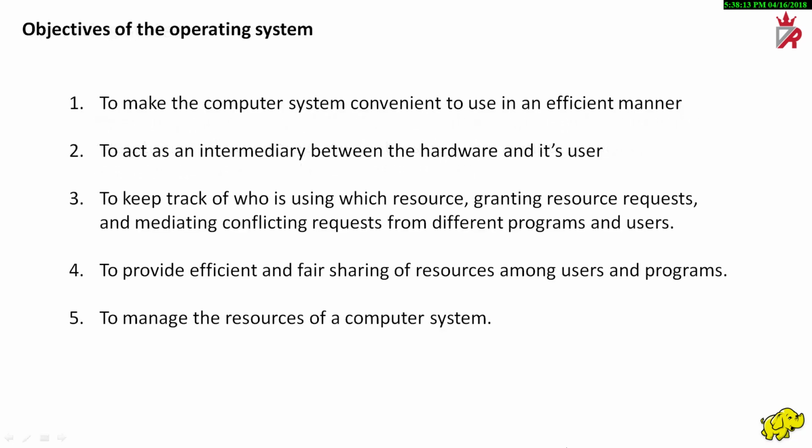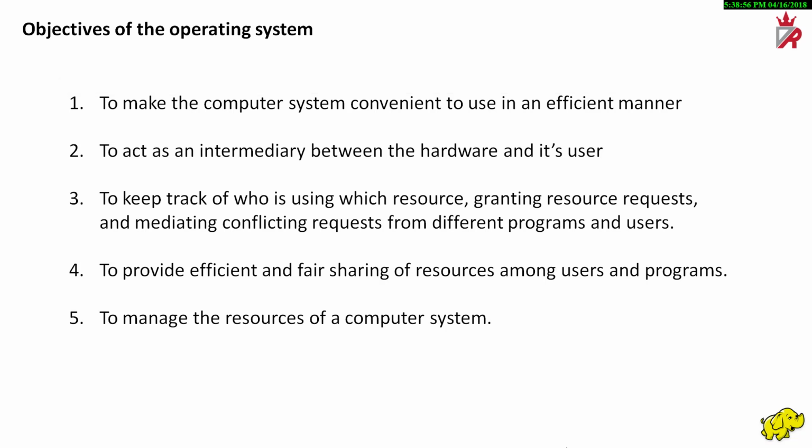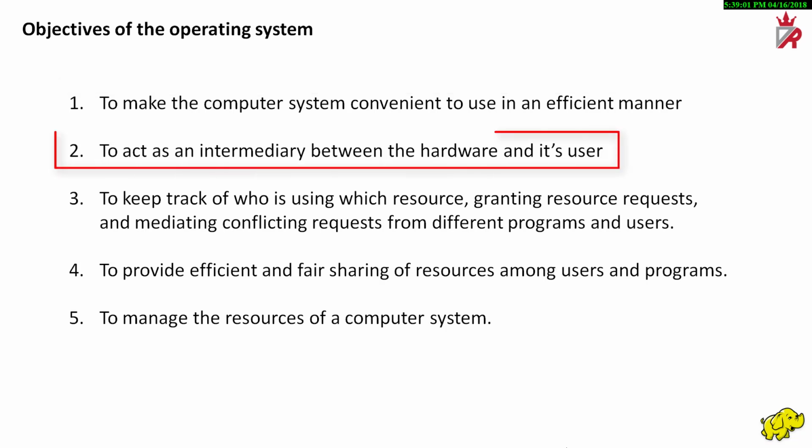The objectives of the operating system are to make the computer system convenient to use in an efficient manner by providing a simple and appealing user interface to the user, and the user does not have to worry about the details unless he or she wants to know specifically. To act as an intermediary between the hardware and its users, making it easier for the users to access and use other resources.